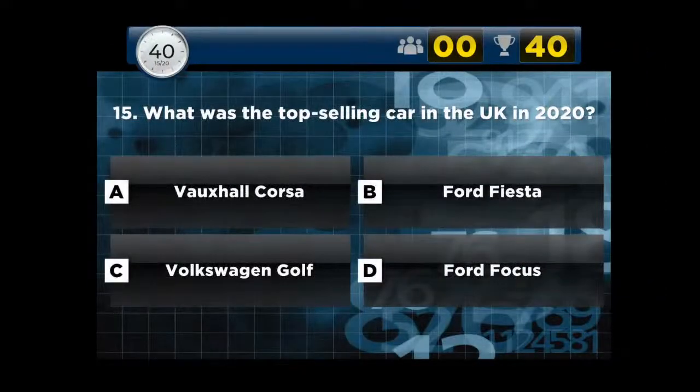So what was the top-selling car in the UK in 2020? Vauxhall Corsa, Ford Fiesta, Volkswagen Golf, or Ford Focus?